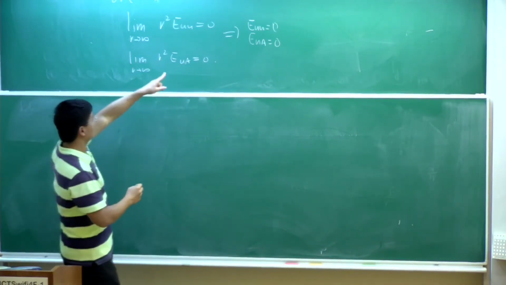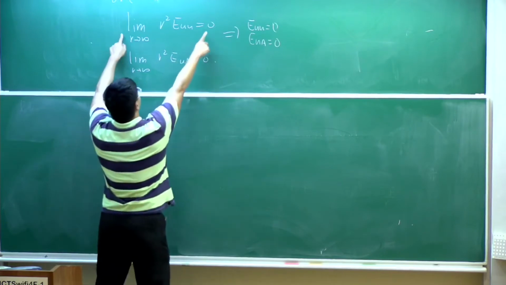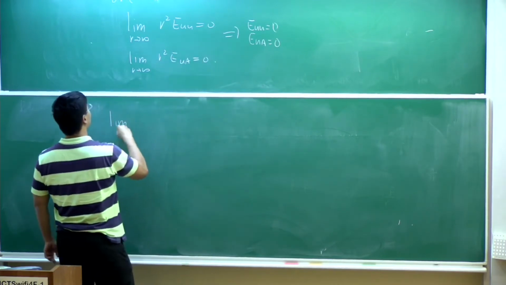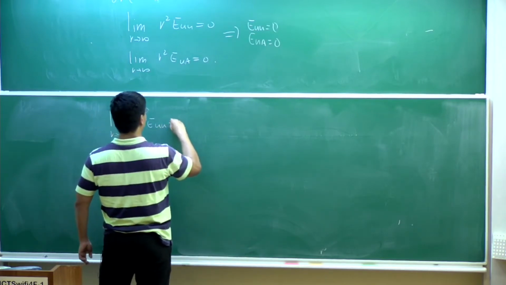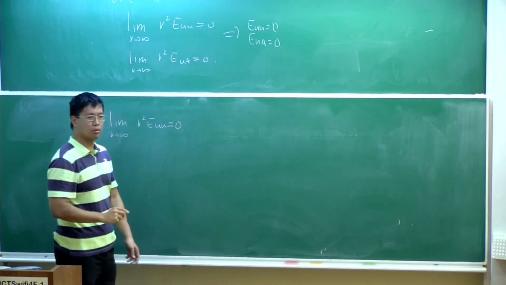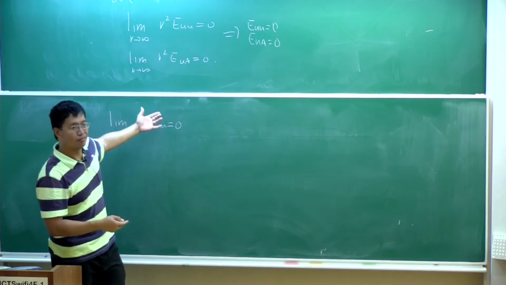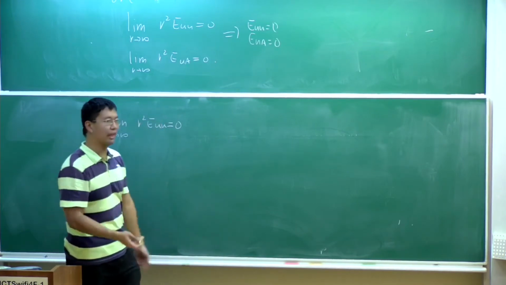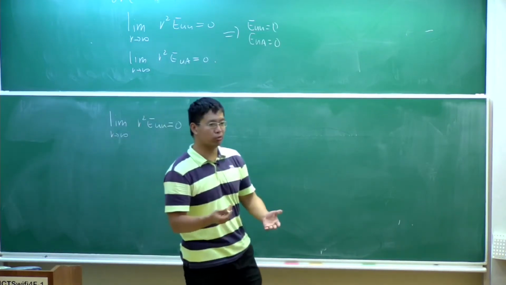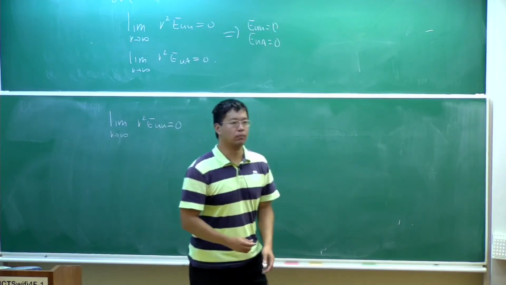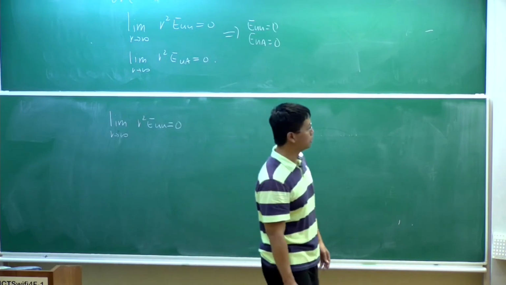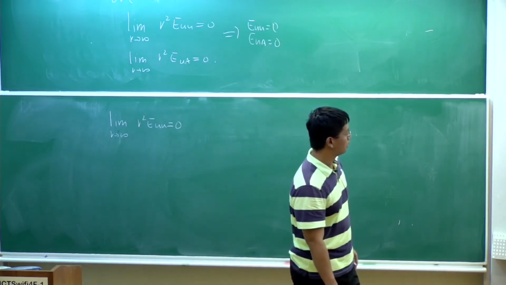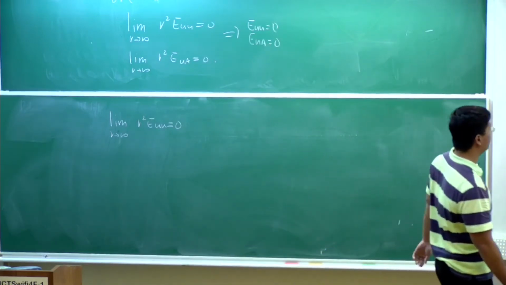Okay, so let's say what this equation means. Well, you write down the metric and you essentially isolate the term which is 1 over R squared, and set it to 0.